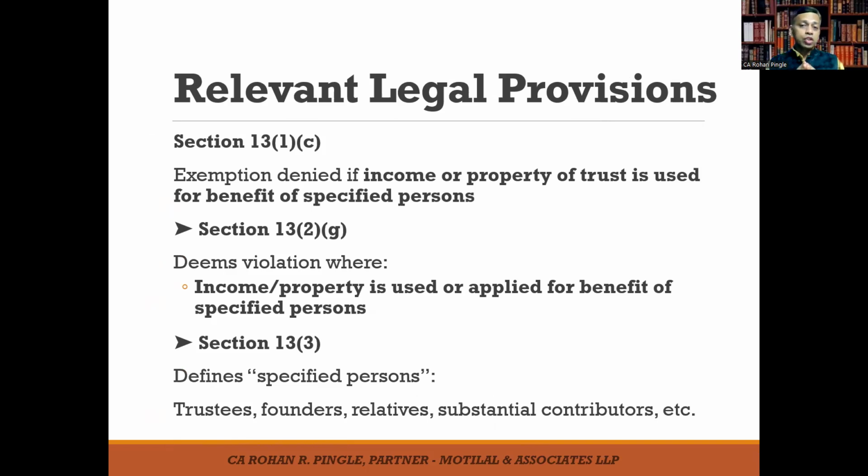Section 13(1)(c) deals with exemption being denied if the income or property of the trust is used for the benefit of specified persons. Section 13(2)(g) deems a violation where income or property is used or applied for the benefit of the specified persons. Section 13(3) defines specified persons, that is, trustees, founders or relatives, and substantial contributors. Okay, that is the thing.